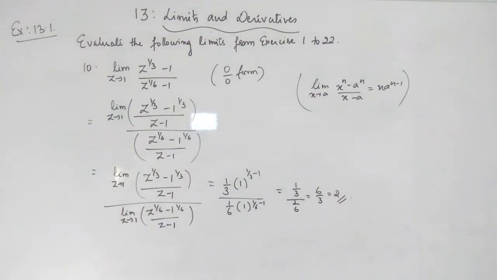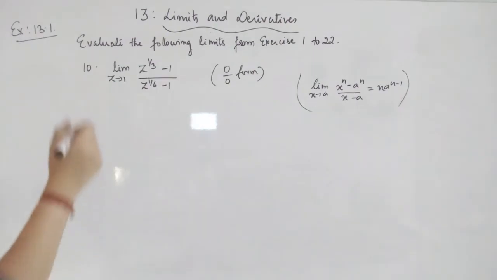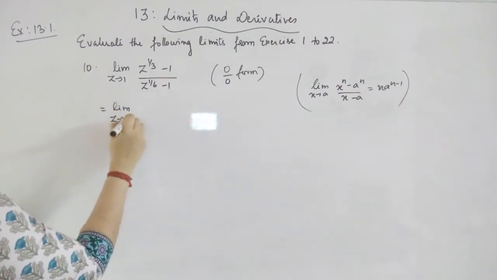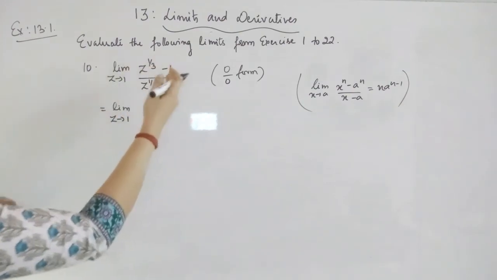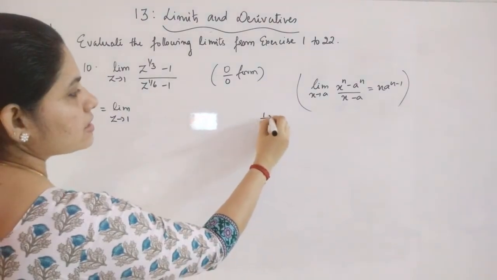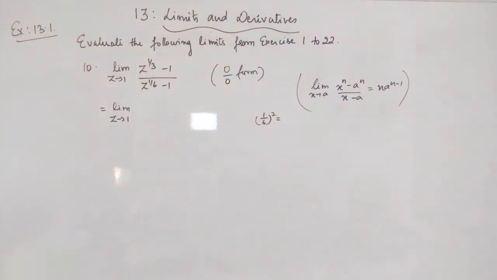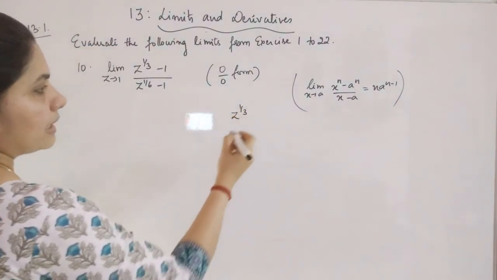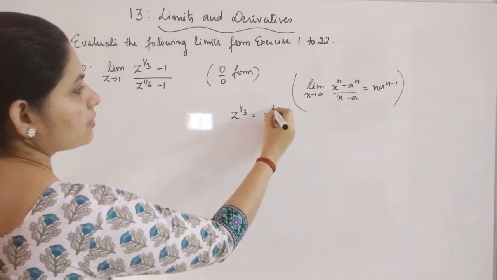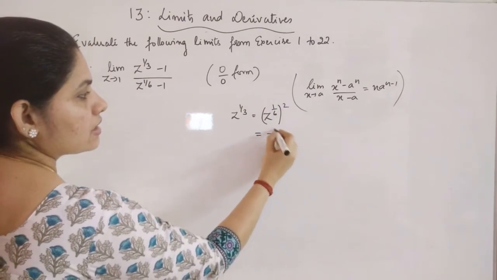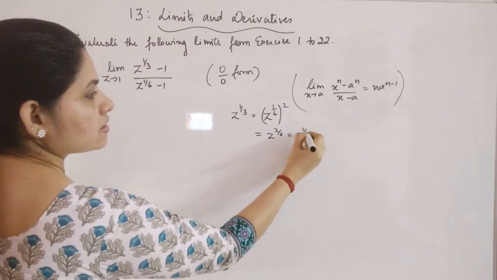Now I will tell you another way to approach the same problem. Again for the same problem, I am writing the numerator as the whole square of something, that means 1 by 6 the whole square. If you have z raised to 1 by 3, and I write it as z raised to 1 by 6 the whole square, then it will give you z raised to 2 by 6, which is z raised to 1 by 3.